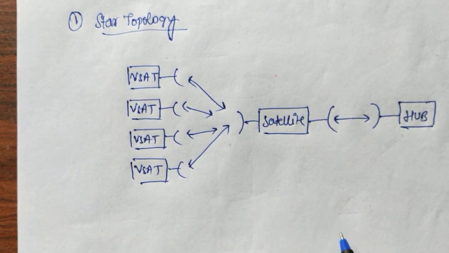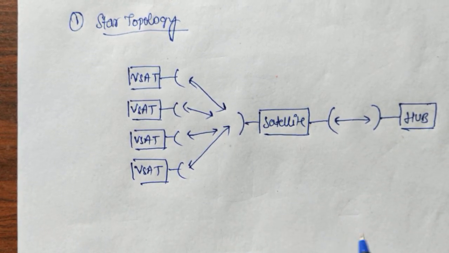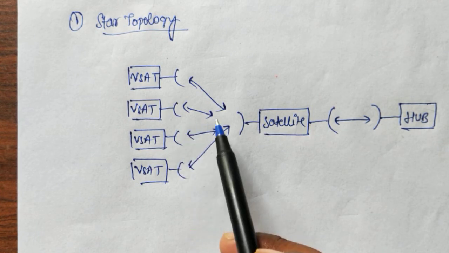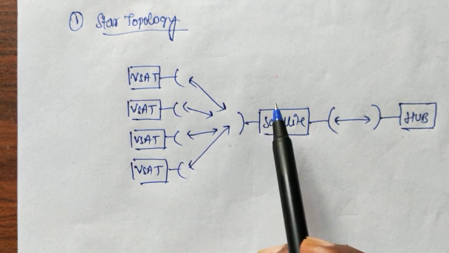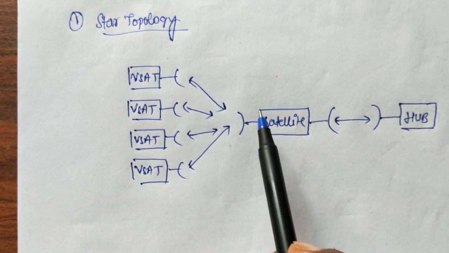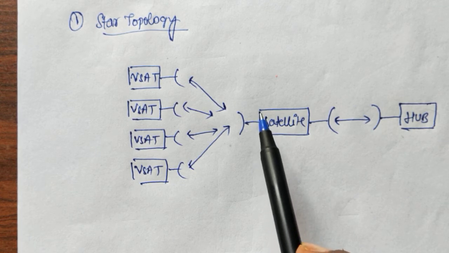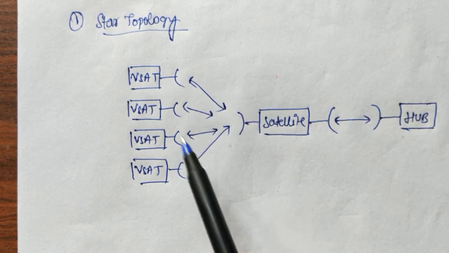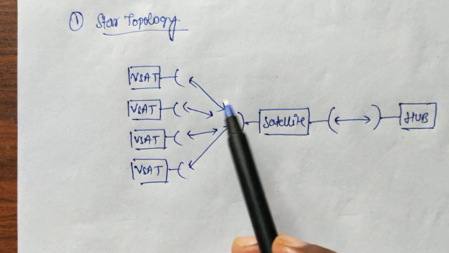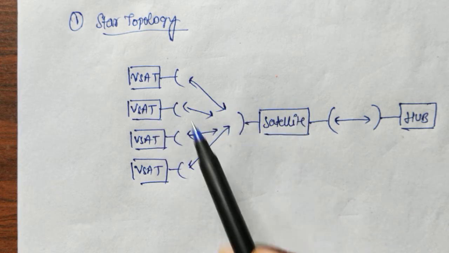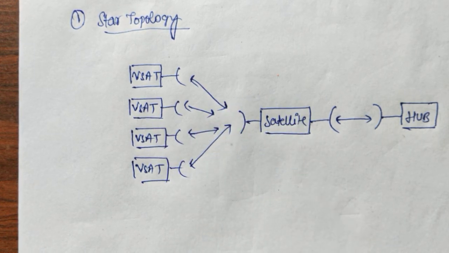This is star topology. If a Vsat wishes to communicate with another Vsat, they have to go via the hub, thus necessitating a double hop link via the satellite. Since all the traffic radiates at one time or another from the hub, this architecture is referred to as star.